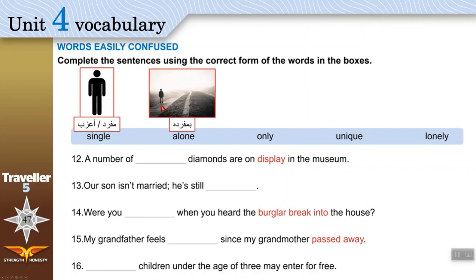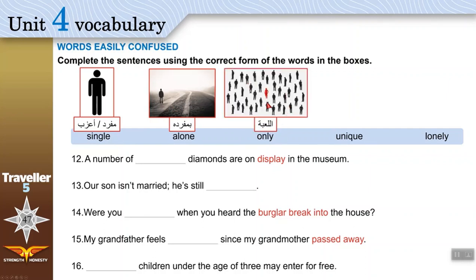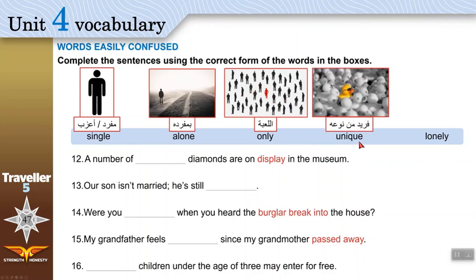Alone means nobody is with that person at that moment or in that place. Only means except. When I say only women can enter this place, that means nobody can enter except women.